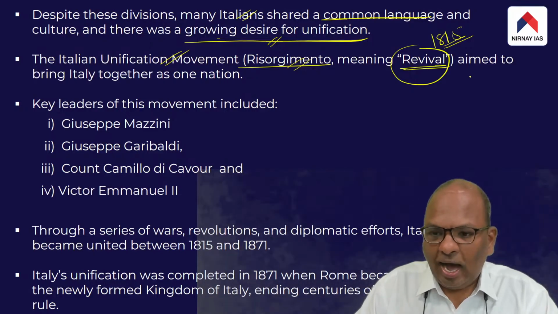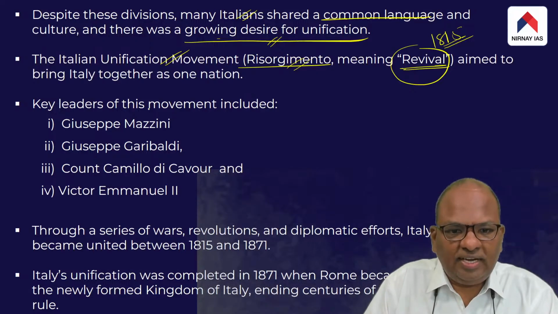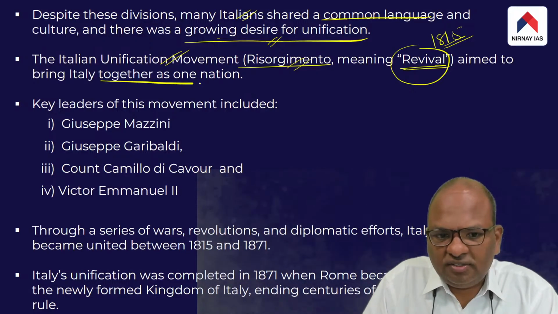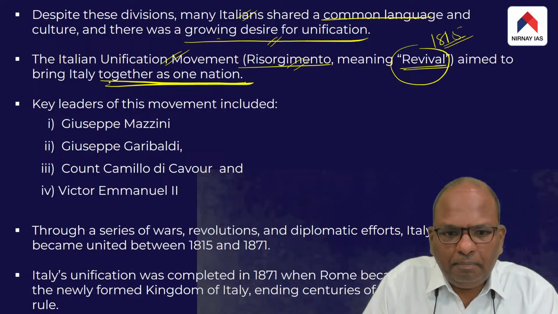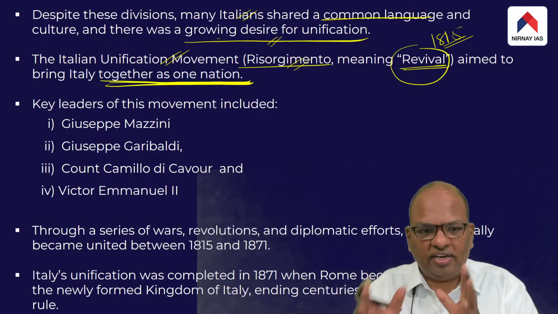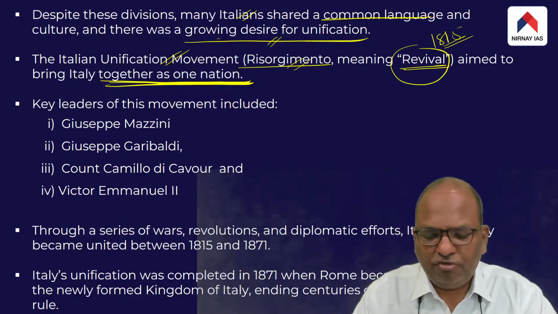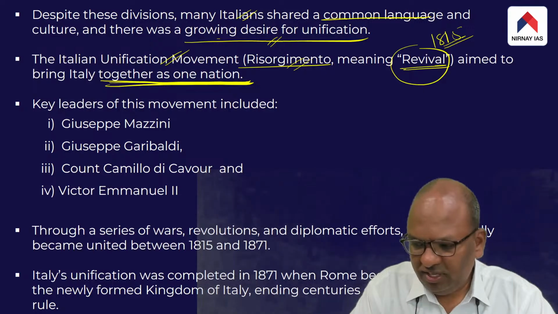Basically, the objective of the Italian unification movement was to bring Italy together as one nation, to make all the Italian speaking territories one nation. In this regard, the role played by four individuals is noteworthy.